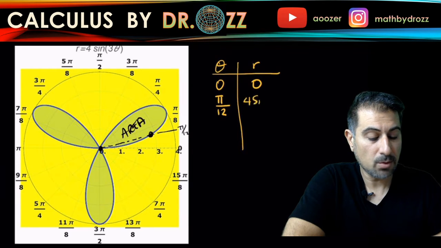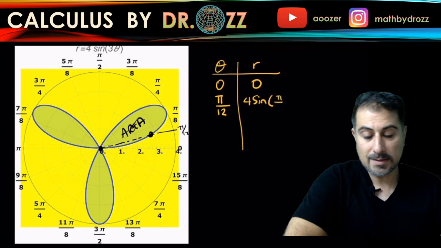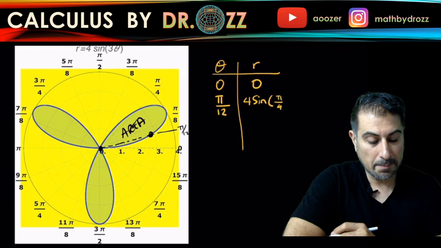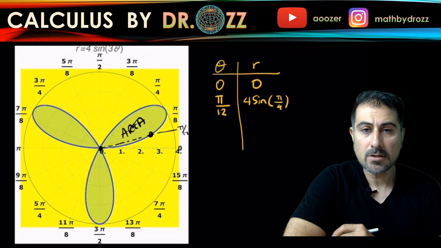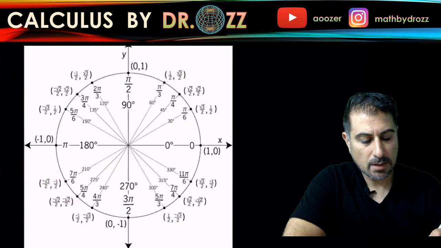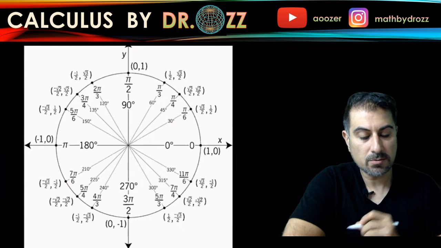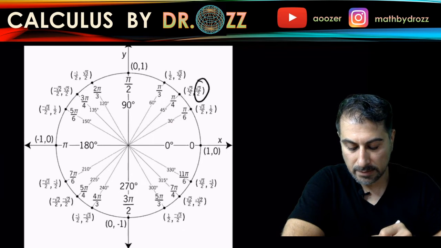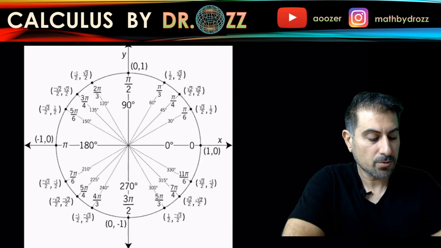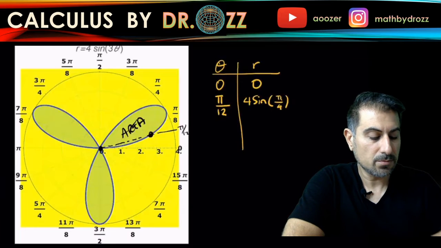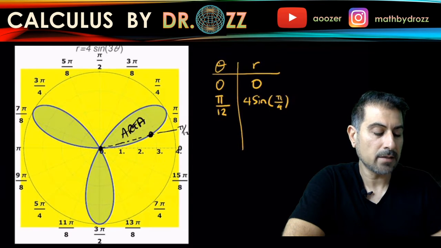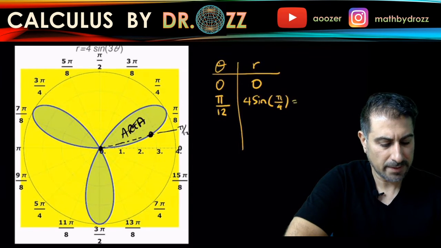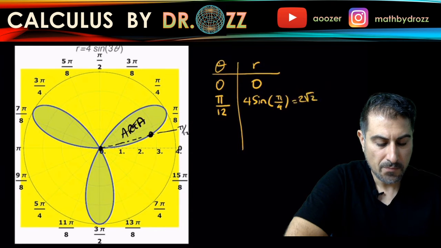That's pi over 4. And sine pi over 4, going back to my unit circle here, is the y-coordinate of the point. So that's radical 2 over 2. So let's go back here. So this is 4 radical 2 over 2. That's 2 radical 2. I just leave it with the exact numbers as is, okay?